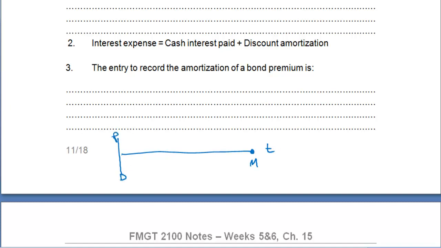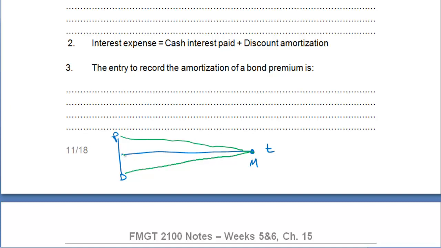Premium, discount here. Over the life of the bond, the carrying value, the price, has to gradually approach maturity value. It's going to be one of these two, not both. If it's sold at a premium, it goes down to maturity value, and a discount goes up to maturity value.